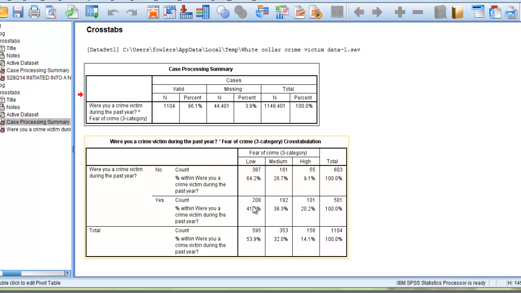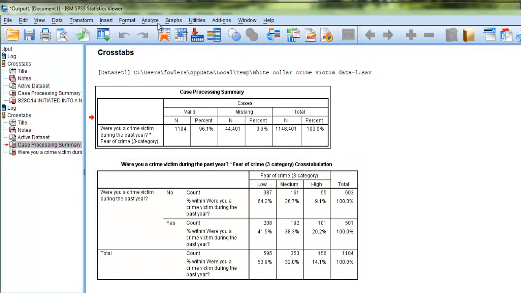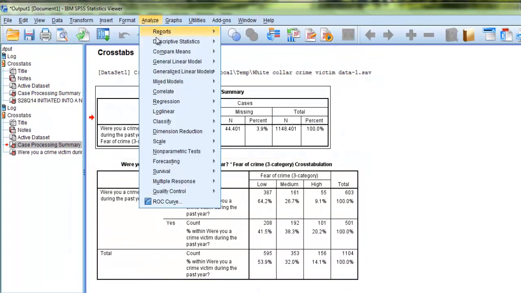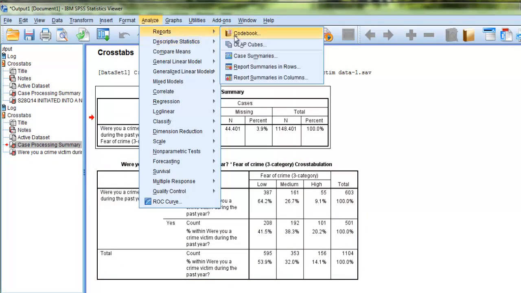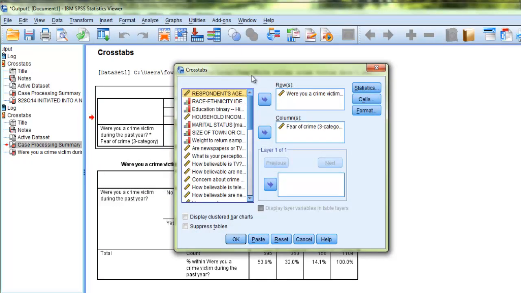So let's work a third and final cross tabulation, just so we can work on the analysis and the mechanics of going through it. So let's go to Analyze, Descriptive Statistics, and Crosstabs. So this time, let's ask the research question, are there differences between men and women in their fear of crime?